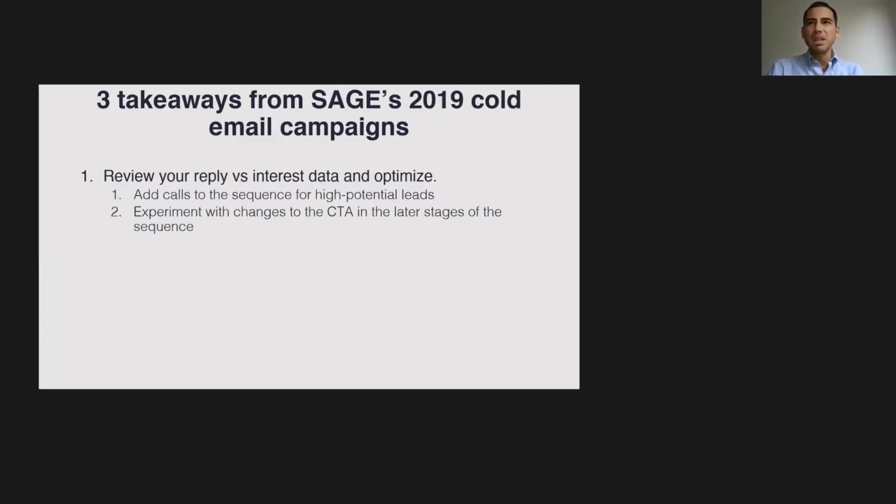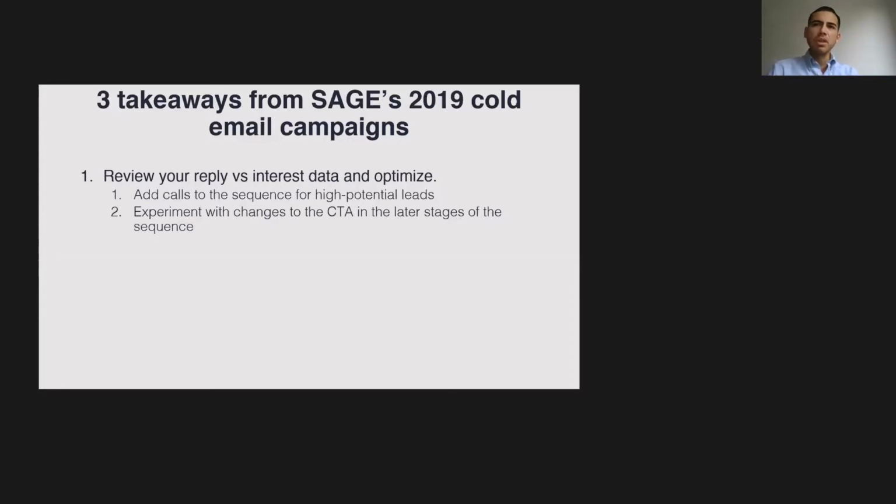It probably doesn't make sense for us, whether at scale or not, to just email only. I think what we have to do now is start adding phone calls into our sequences. So perhaps a good sequence looks like email, email, call, and then picking back up with the emails.